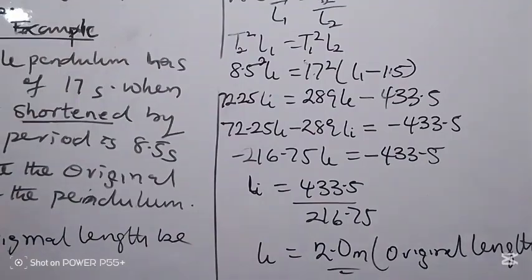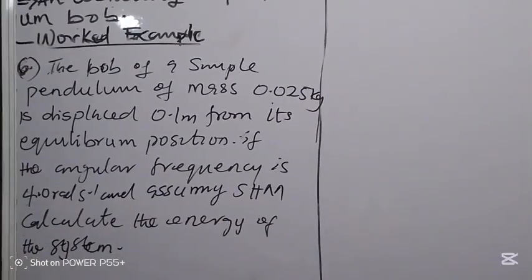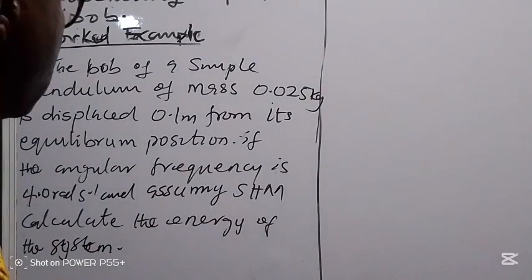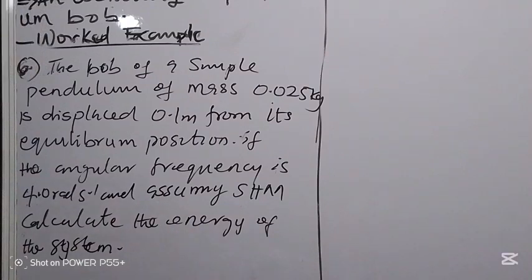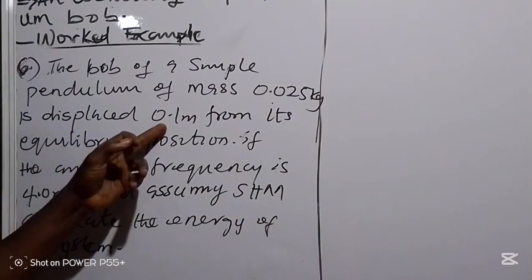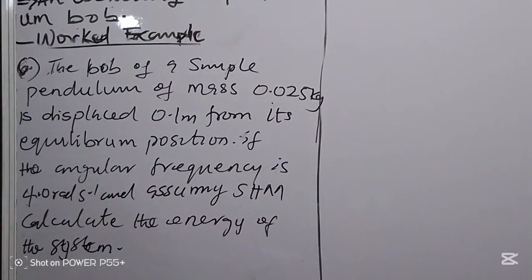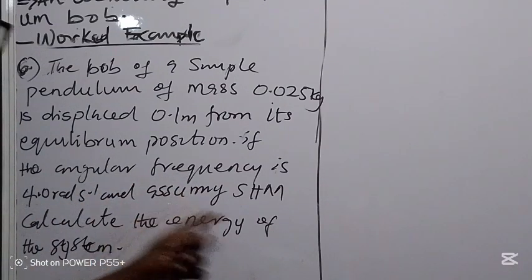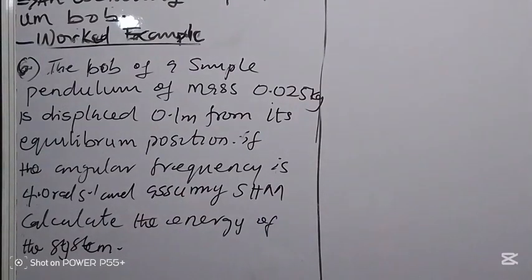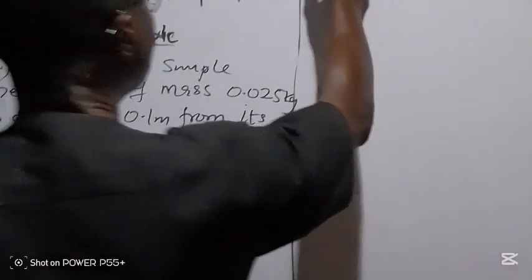That is for example 5. Now let's take this one as example 6. The bulb of a simple pendulum of mass 0.025 kg is displaced 0.1 meter from its equilibrium position. If the angular frequency is 4.0 rad per second and assuming simple harmonic motion, calculate the energy of the system. Now, solution.